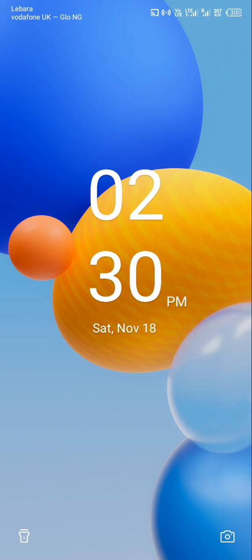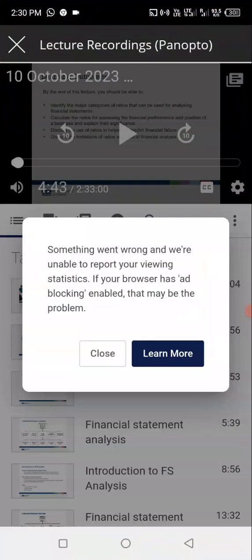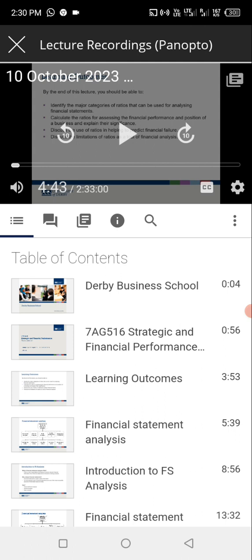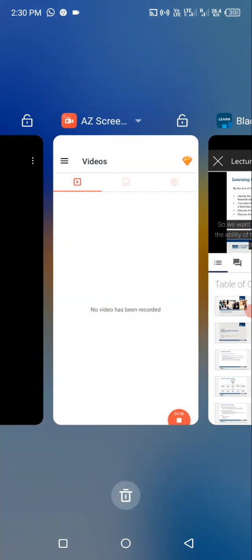So we want to be able to use ratios to predict the ability of the company to continue to exist in the foreseeable future.